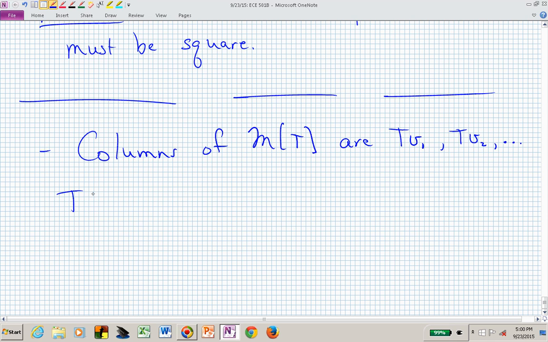We were looking at these maps on the set of basis vectors, V1 through Vn, and those were expressed in terms of the basis vectors in our codomain. So the columns TV1, TV2 up to TVn expressed in terms of W1, W2 up to Wn.